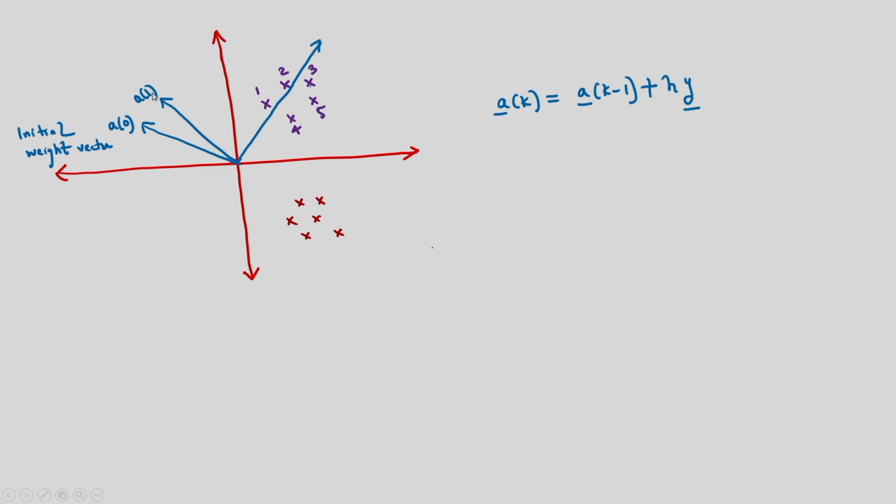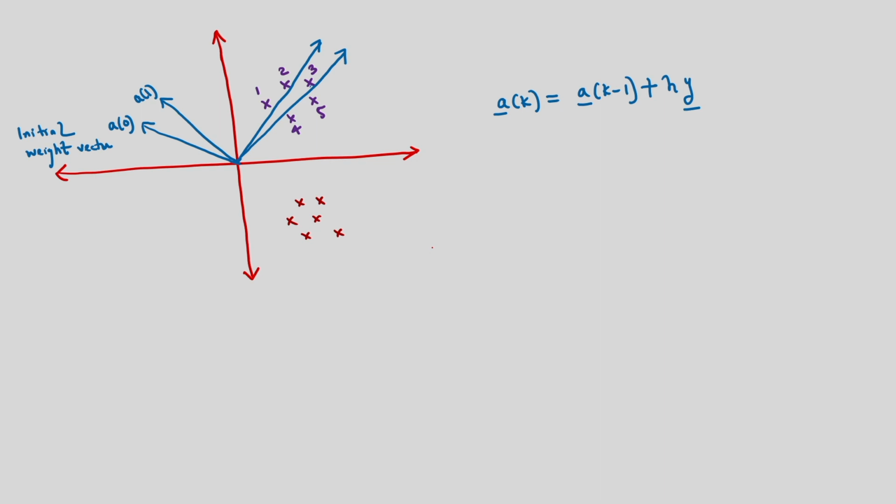This weight vector I am getting corresponding to the second iteration. In this case also, if I draw the decision boundary, it will be something like this. Here also two samples are misclassified, so again I have to go for this iteration, a_k equals a_(k minus 1) plus eta y.